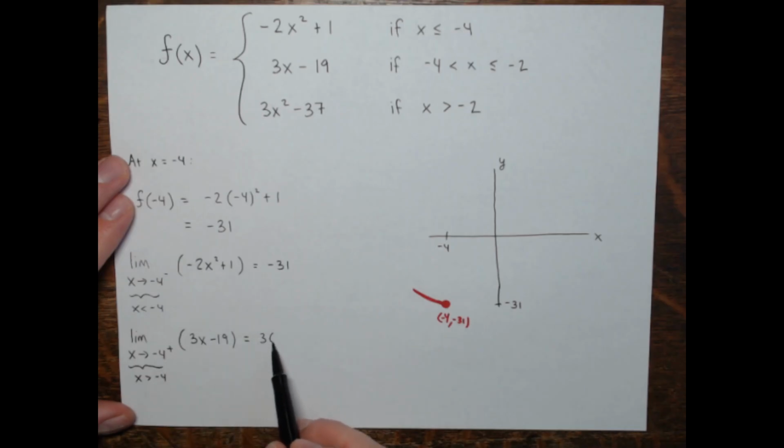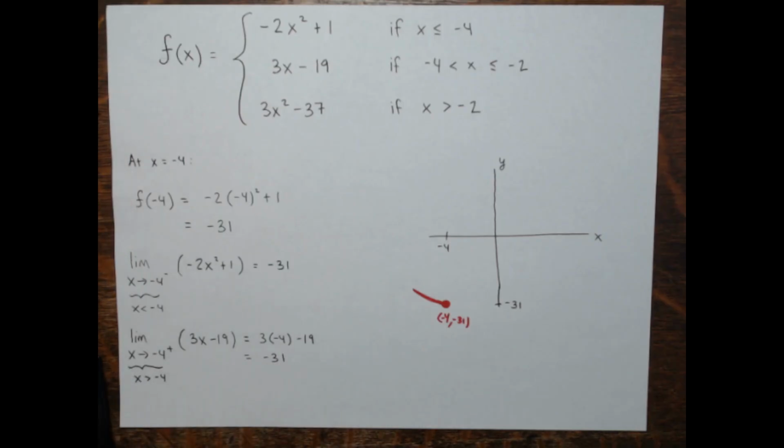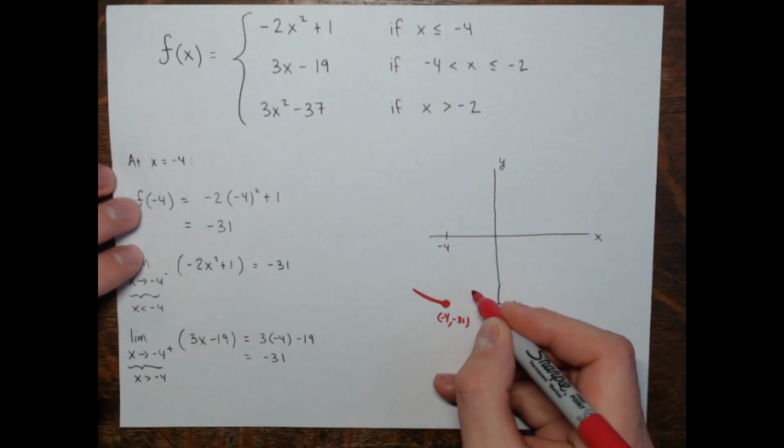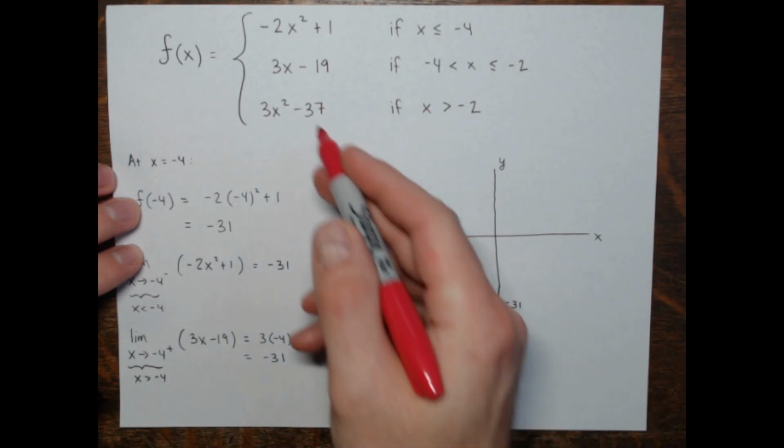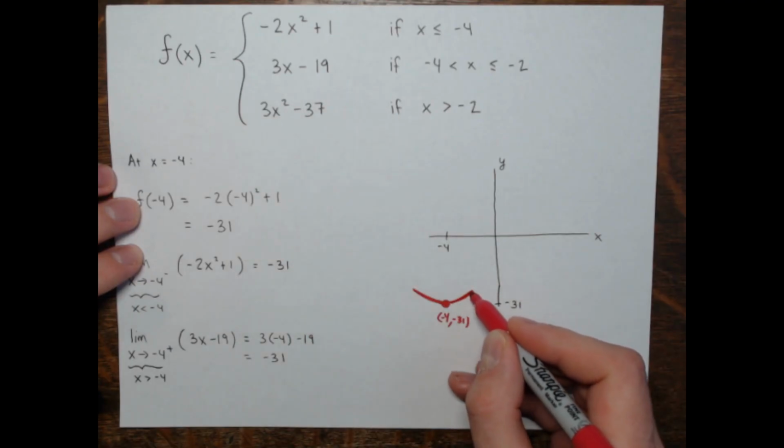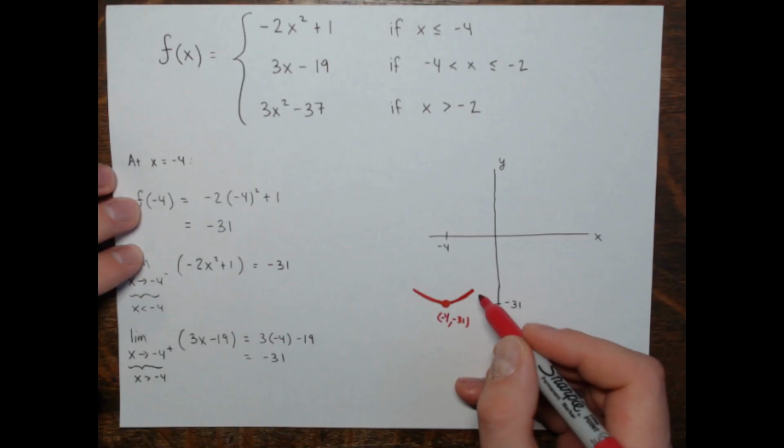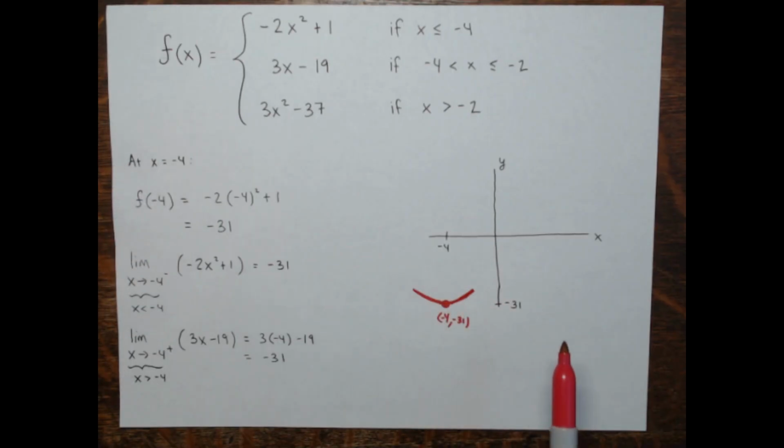This would just be 3 times -4 and then minus 19. Well, that's -12 minus 19. That is -31. So from the right side, again, I know it'll be a line, but I'm just drawing a rough idea as to what the graph is doing. So from the left, from the right, and at x equals -4, they're all the value -31, right?